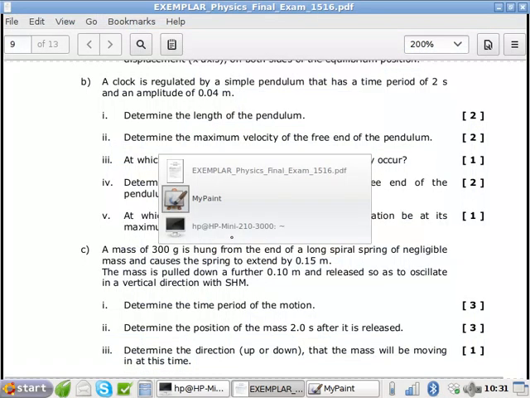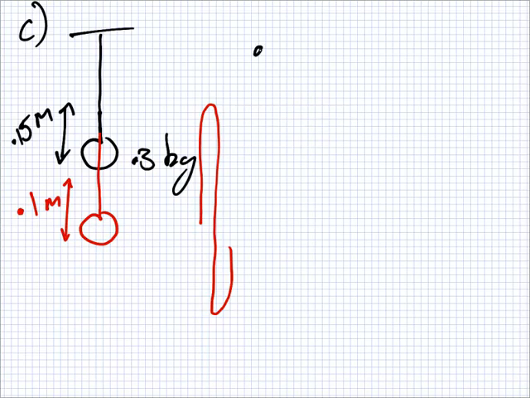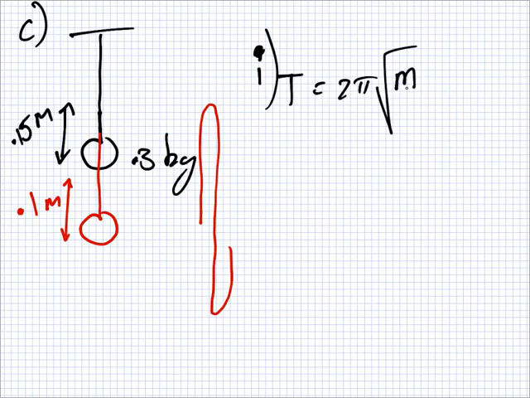What's the time? Alright, so again, that's easy. T is 2 pi root m over k, correct? Now the only problem here is what?